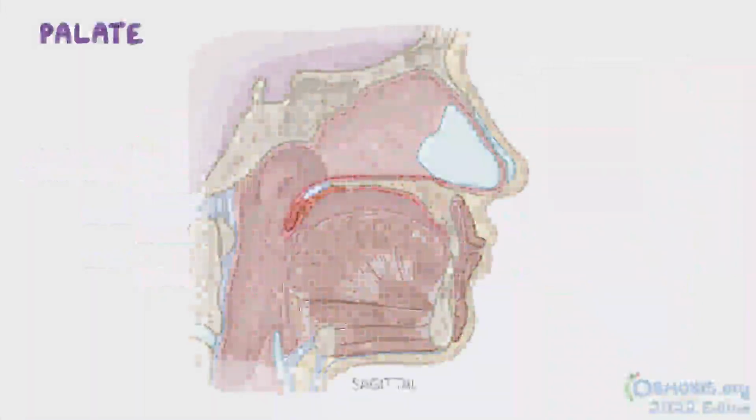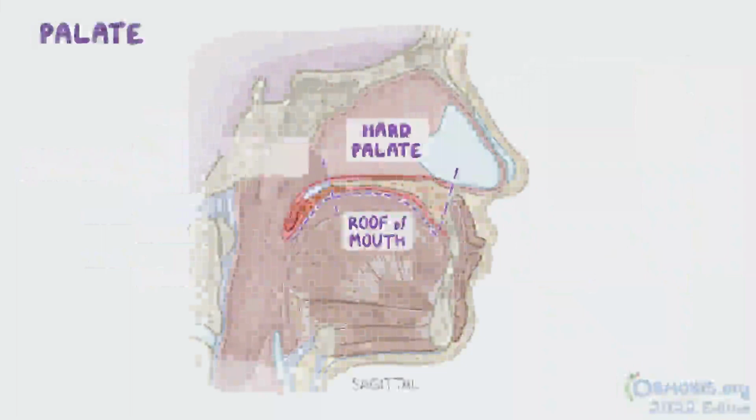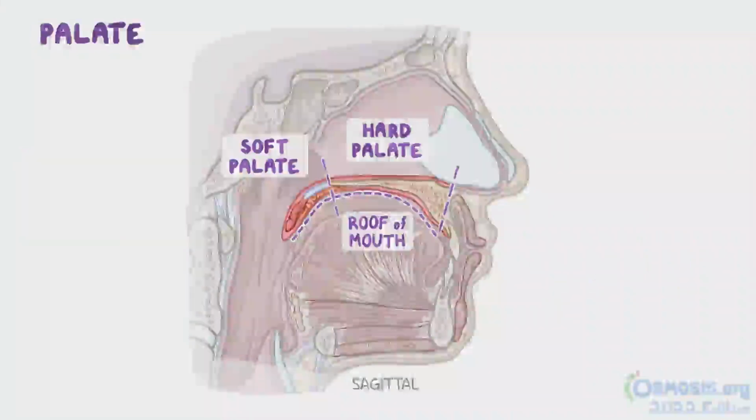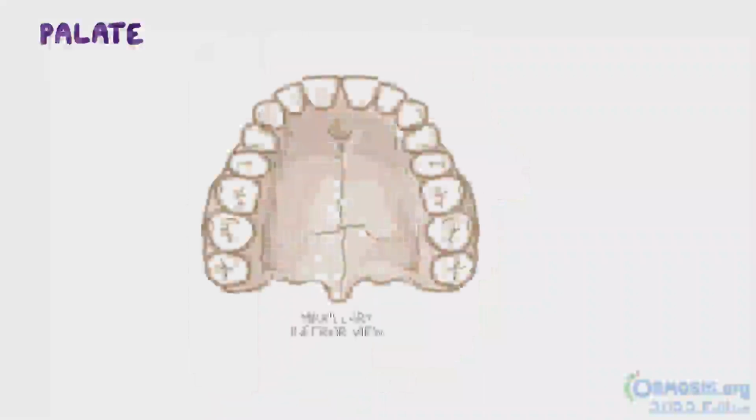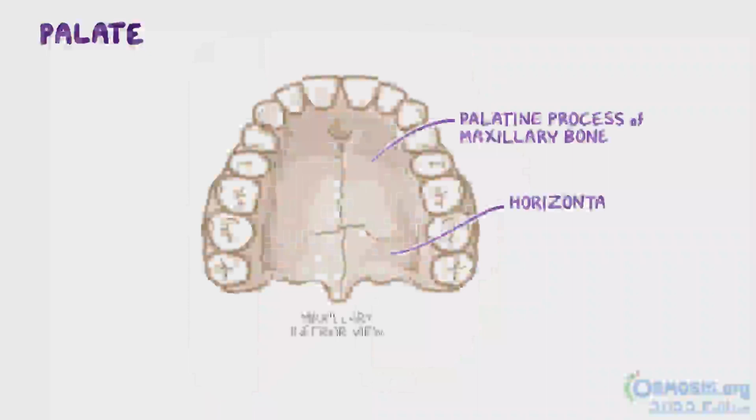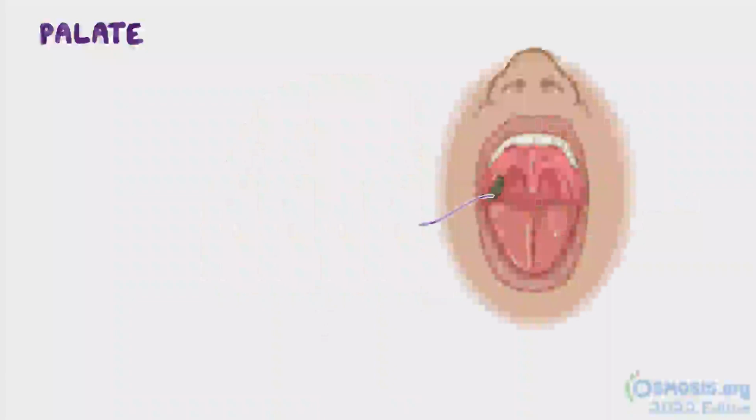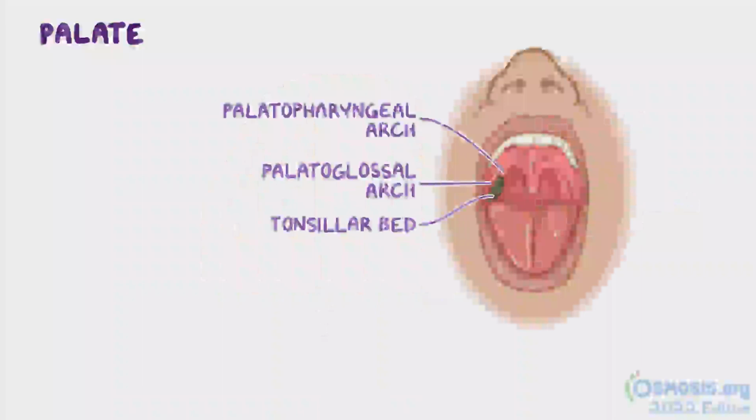The palate makes up the roof of the mouth, with the hard palate anteriorly and the soft palate posteriorly. The hard palate is made up of the palatine processes of the maxillary bones and the horizontal plates of both palatine bones. Within each lateral boundary of the fauces is the tonsillar bed that houses the tonsils between the palatoglossal and palatopharyngeal arches.